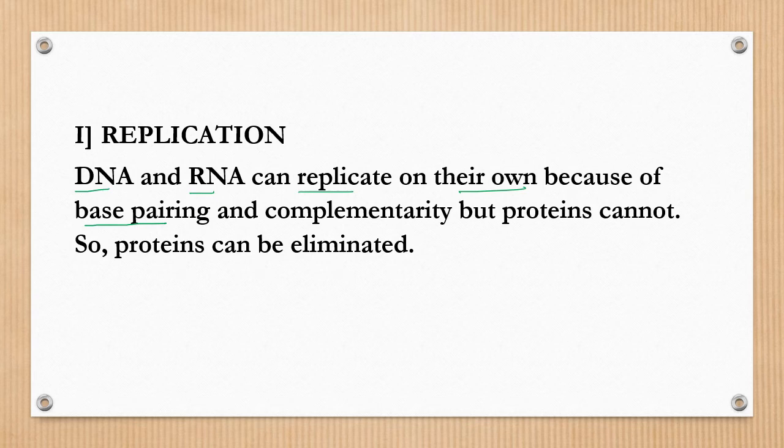Suppose DNA is a double helix structure. This strand is complementary to the other strand. That is why they are able to undergo replication. But protein cannot. That's why proteins are eliminated as a genetic material.